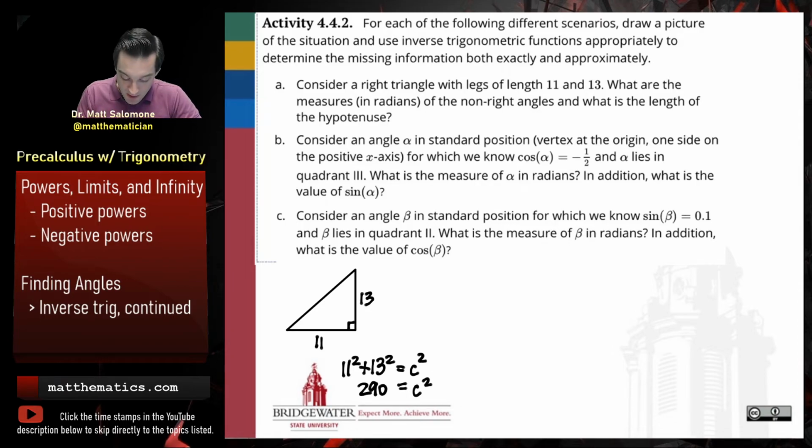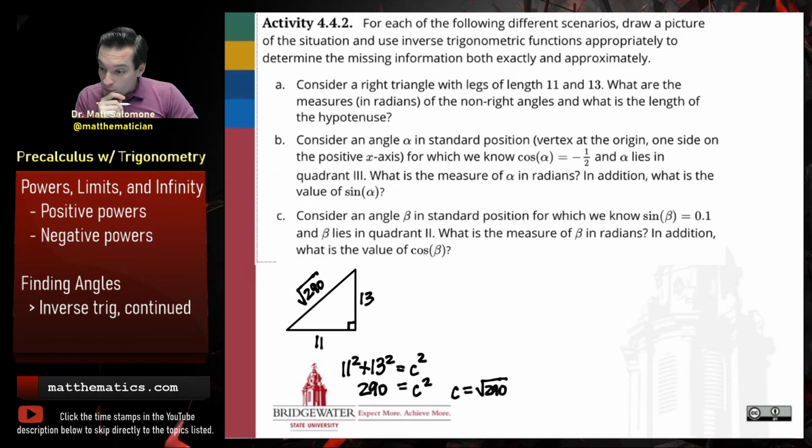I think that's right. And so c is going to be the square root of 290. And I don't think we can actually simplify that any further. Square root of 290 is a square-free integer, and so the best we can do is just leave it like that.